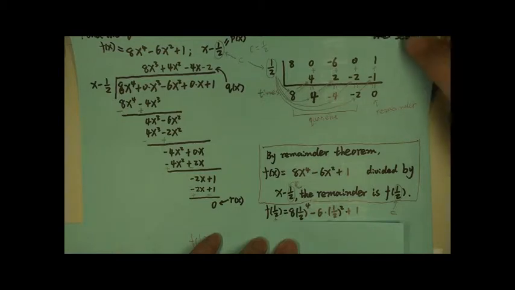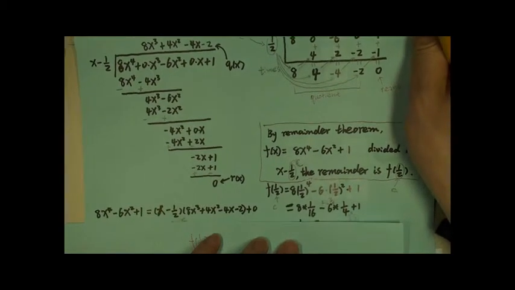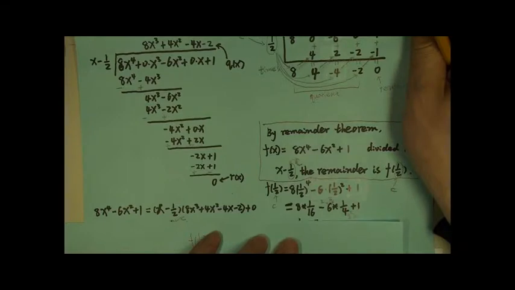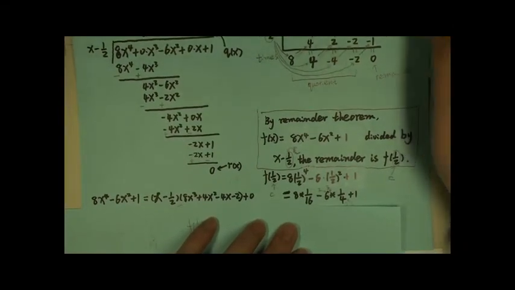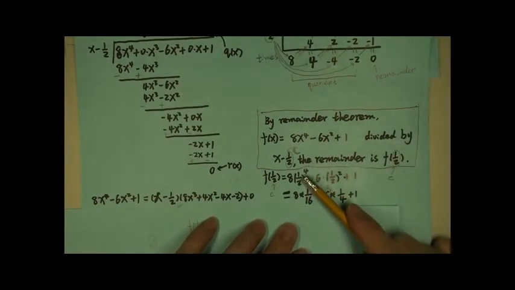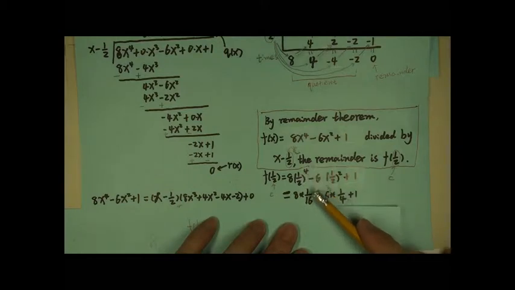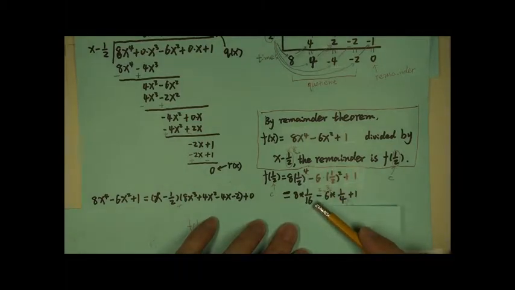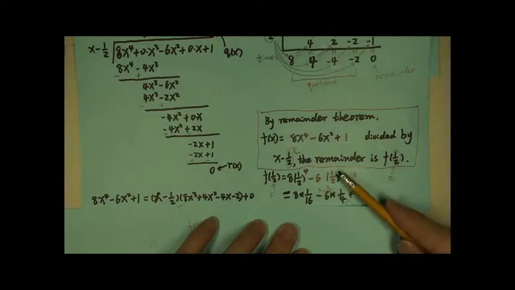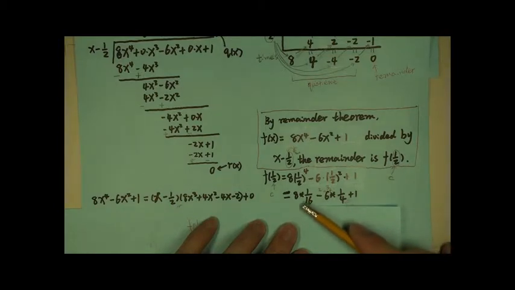Now look, 1 to the fourth is 1, 2 to the fourth is 16. And here 1 squared is 1, 2 squared is 4. So it ends up with 8 times 1/16 minus 6 times 1/4 plus 1.